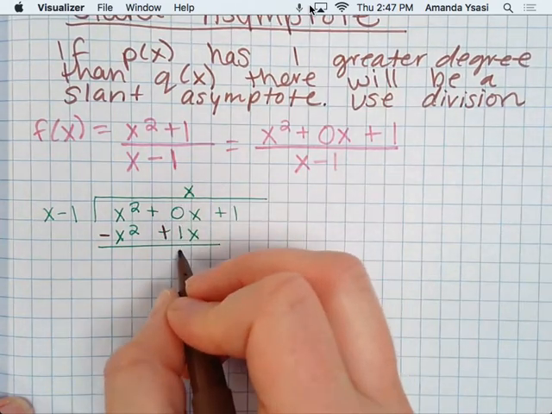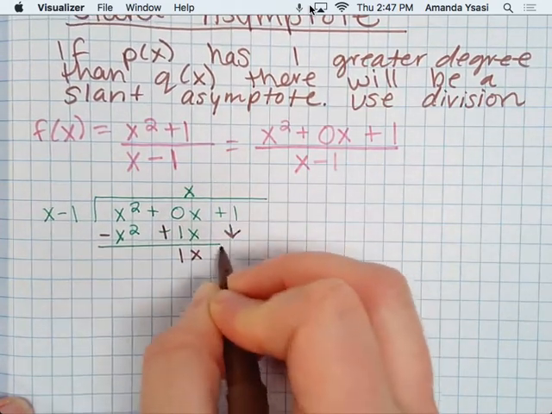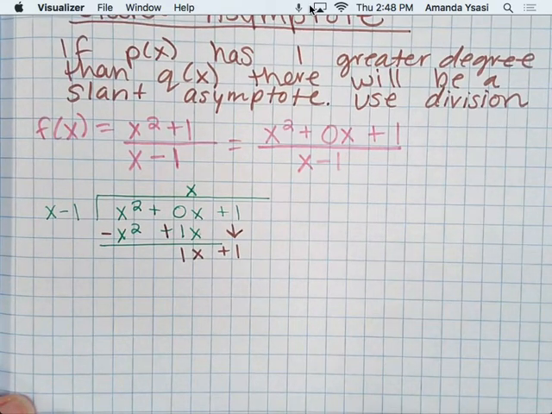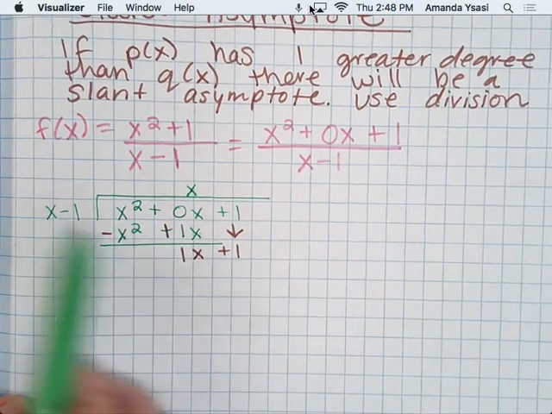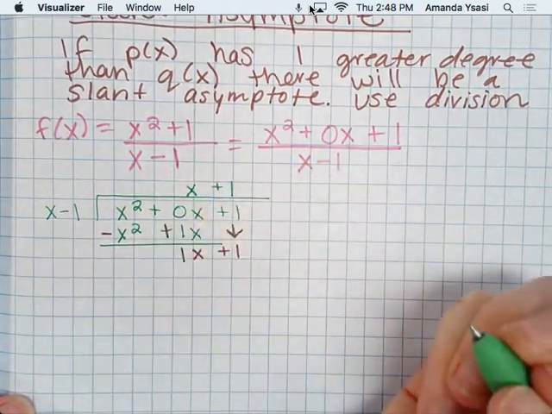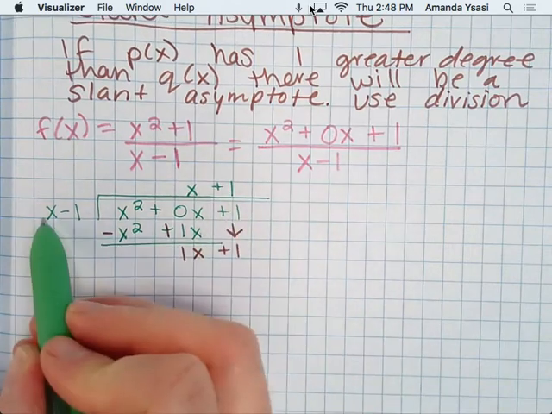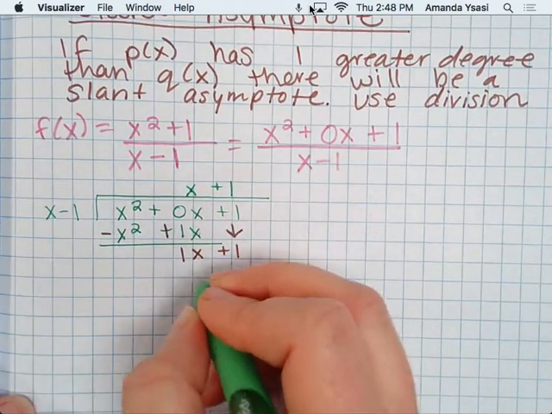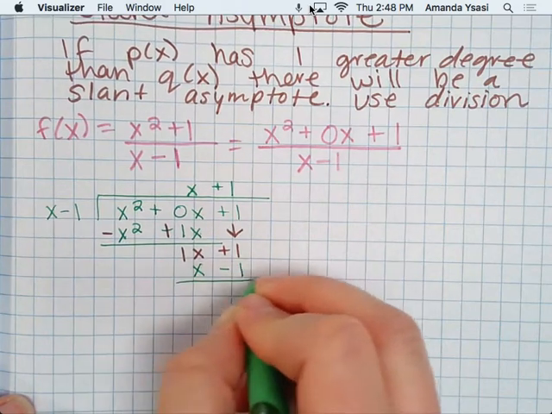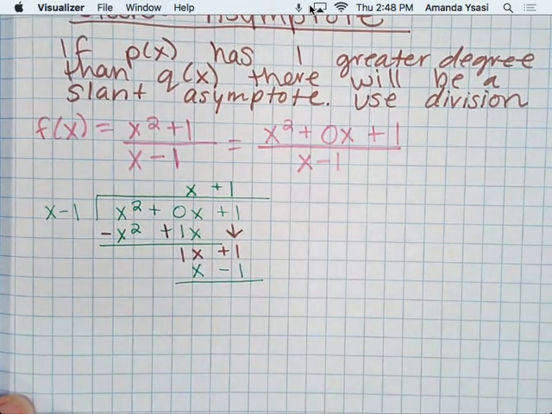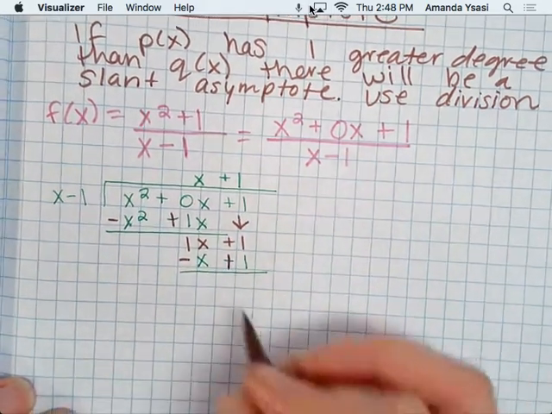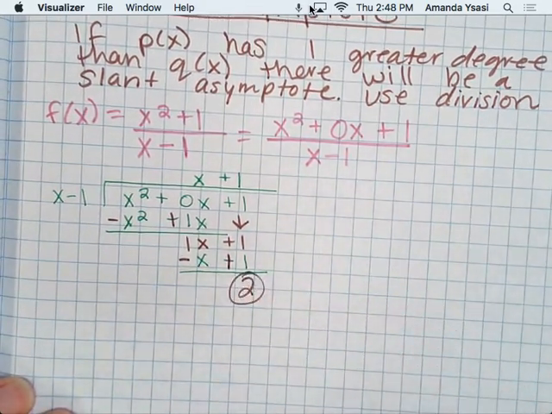Okay, and then this is actually 1x plus 1. And then x into 1x plus 1. And then 1 times your x minus 1 is x minus 1. Subtract it. So we get a remainder of 2.